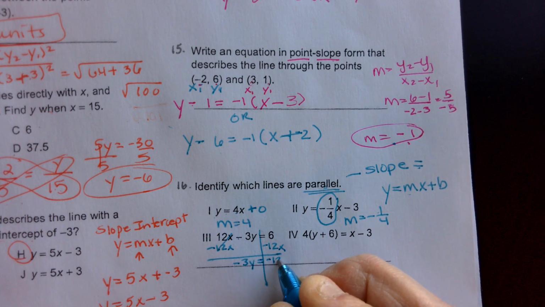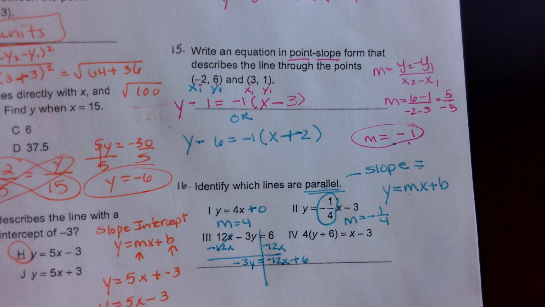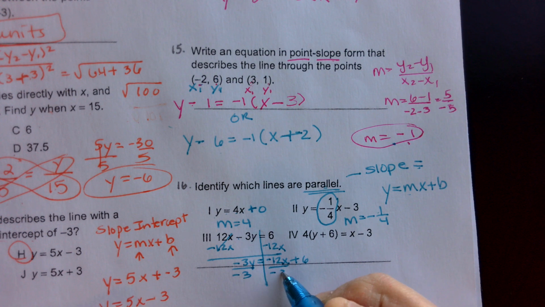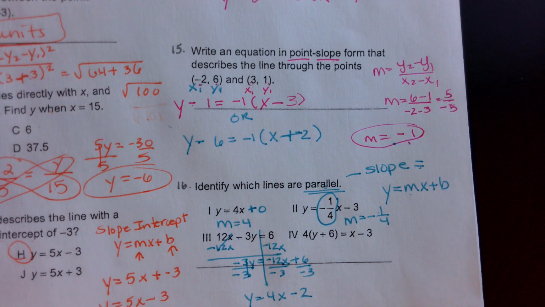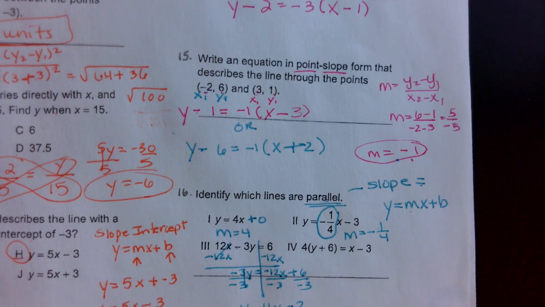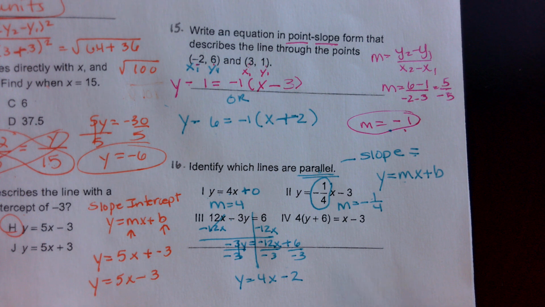Put the x first. Can't combine them. You write them separate. Divide by negative 3. There we go. What's the slope?